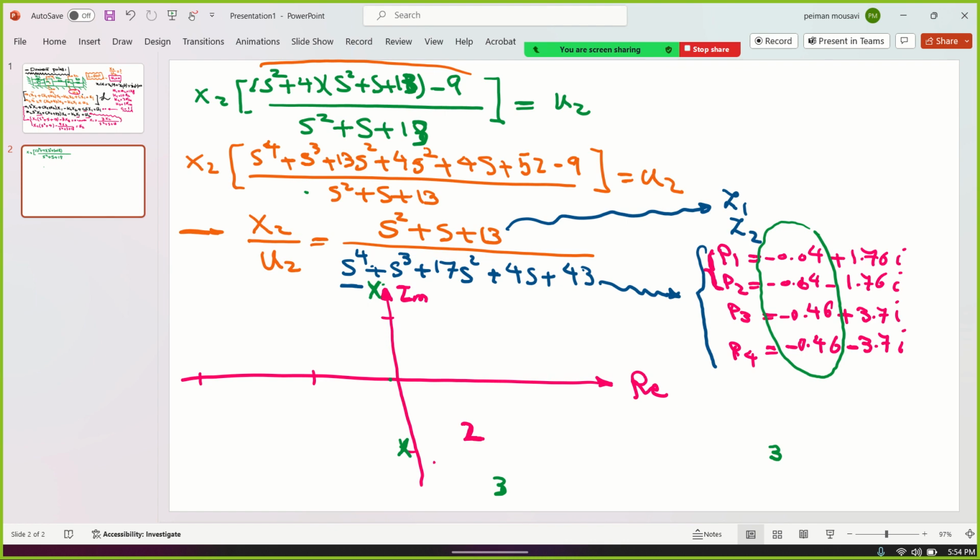But the second pair, as you see here, guys, real part is almost 10 times this first one. Almost 10 times, huh? Its real part is almost 10 times the real part of the first poles.